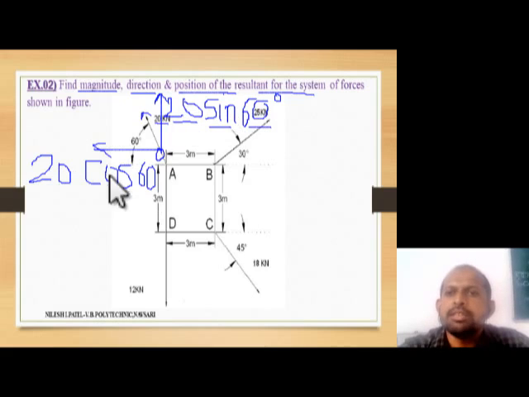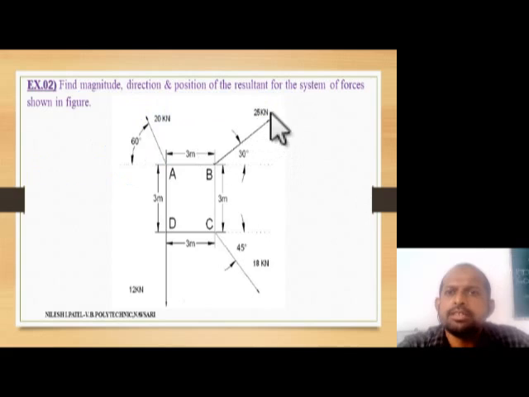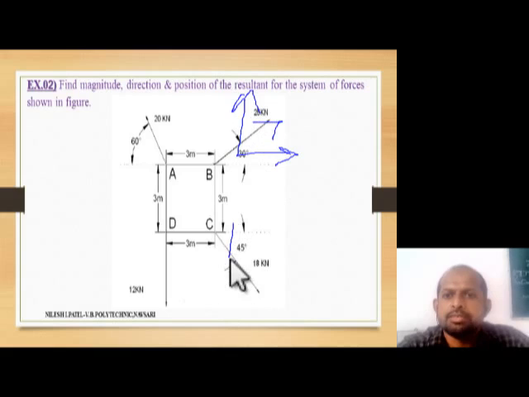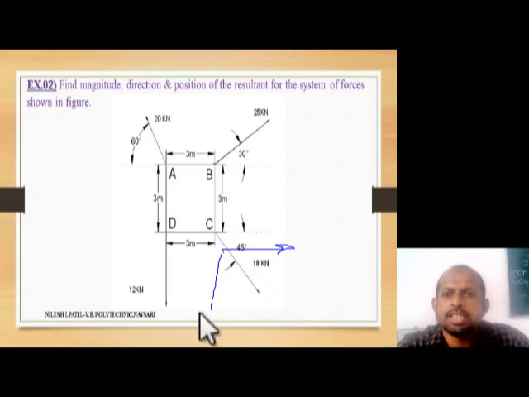In this similar way, you have to split up the force, say 25 kilonewton, into two components, with the direction of the force in this way. At the bottom, one is vertical and another is horizontal, and the direction is at the downward side, so vertical is like this and horizontal is like this.